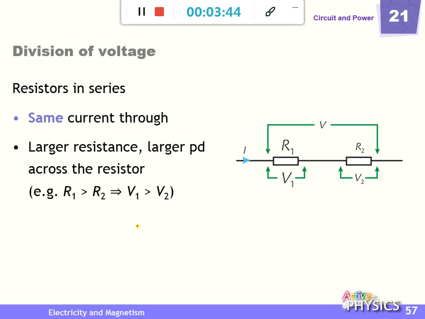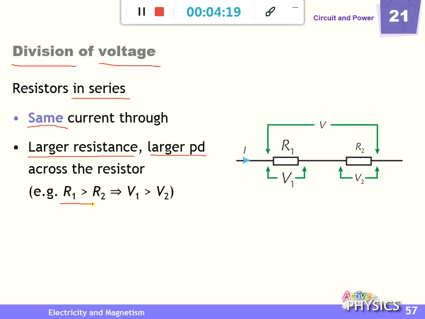And the next one is a very important part: division of the voltage. Division means that you want to separate the voltage into 2 or 3 parts, and we want to find out the relationship of them. Once again, because the resistors are connected in series, they have the common current, the same current passing through them. Then a larger resistor will have a larger potential difference.